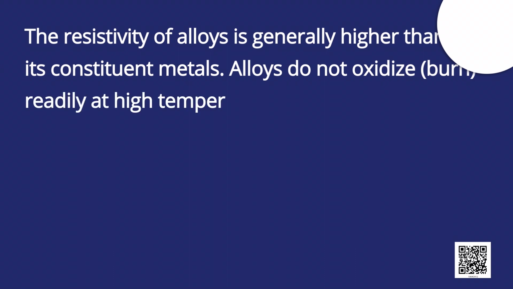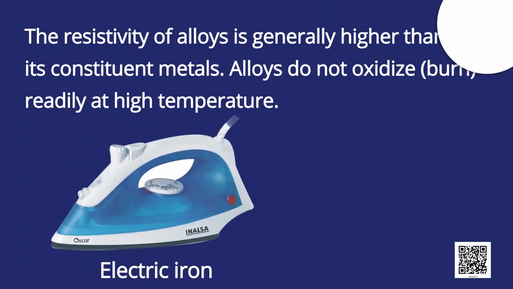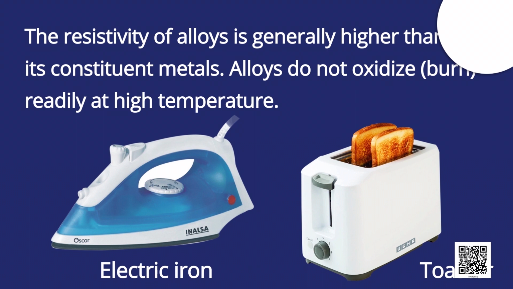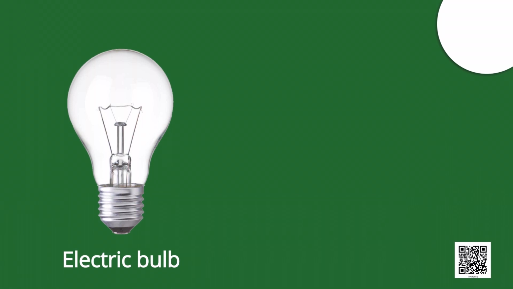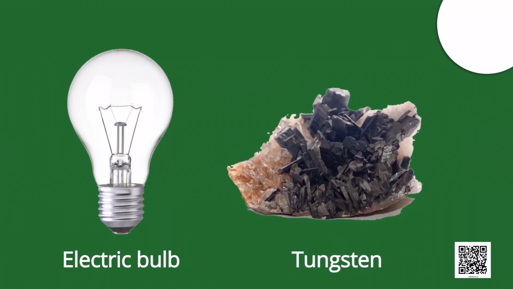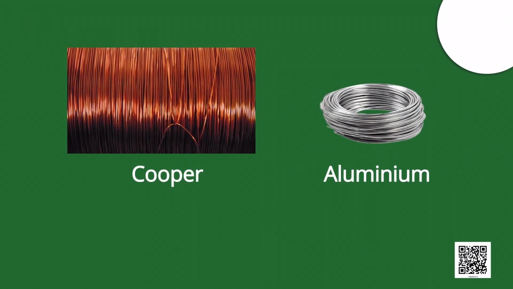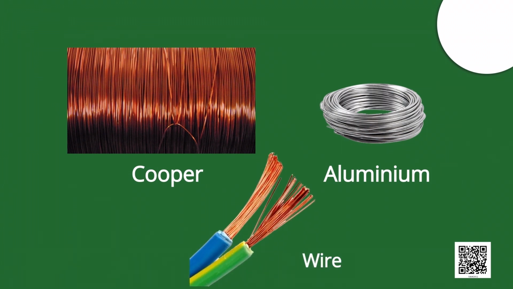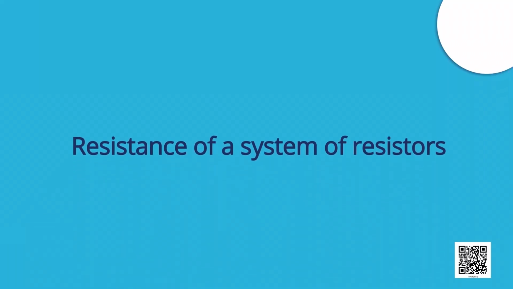It is for this reason that they are commonly used in electrical heating devices like electric iron, toasters, etc. For making the filaments of electric bulbs, tungsten is used almost exclusively, whereas copper and aluminium are generally used for electrical transmission lines.